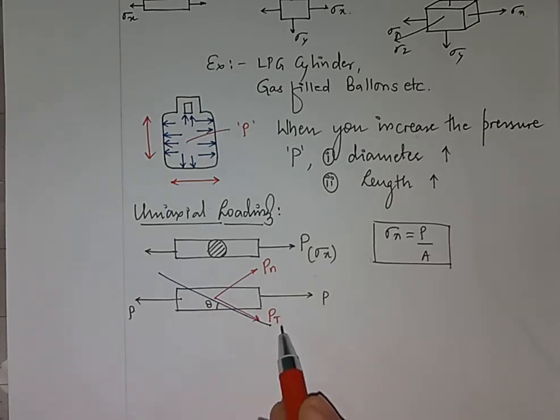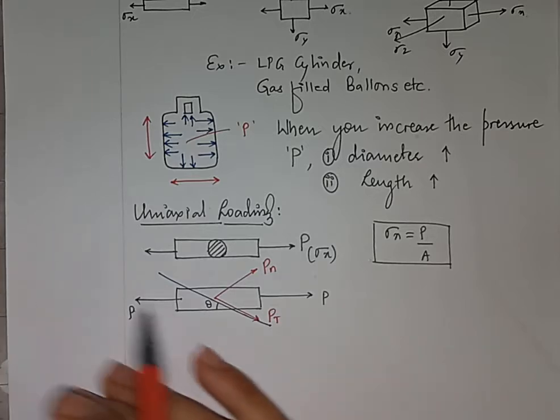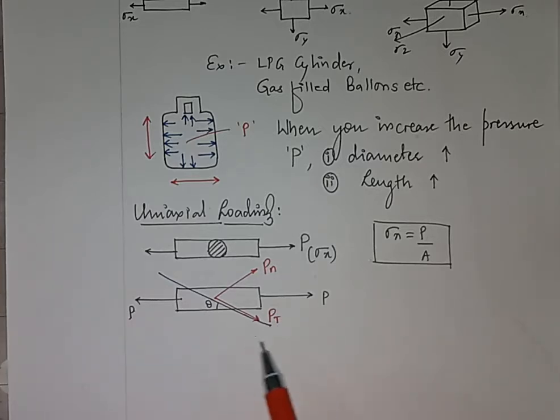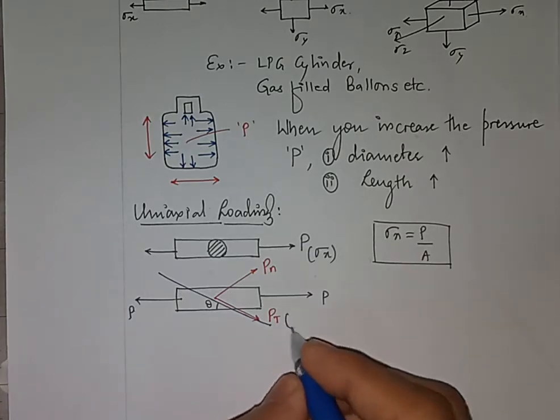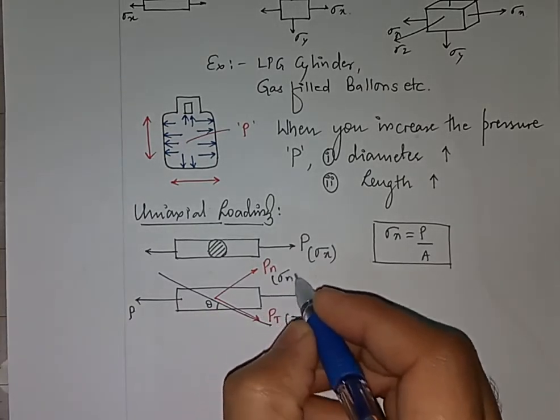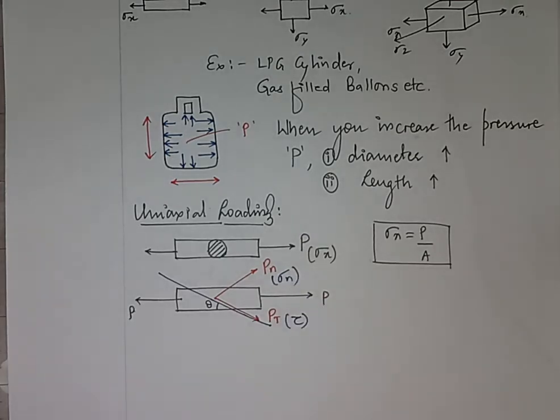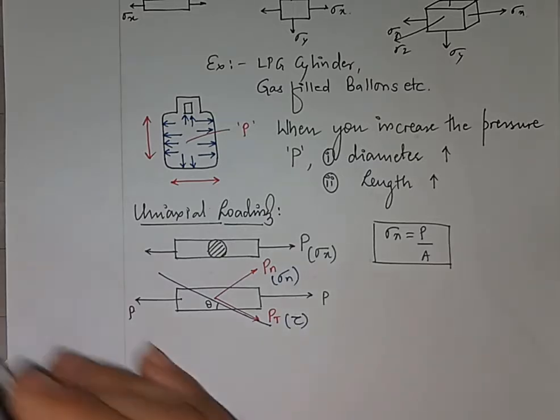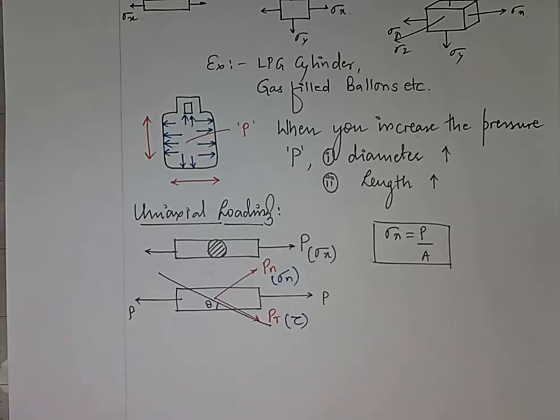It is behaving like a tangent, coming along the oblique plane, so I am calling it the tangential force. Now these two forces give rise to stresses once again. Here it is shear stress because it is tangential to the oblique plane, and here it gives rise to sigma n because it is perpendicular or normal to the oblique plane. These two are important stresses which are coming in the oblique plane in case of uniaxial stresses.